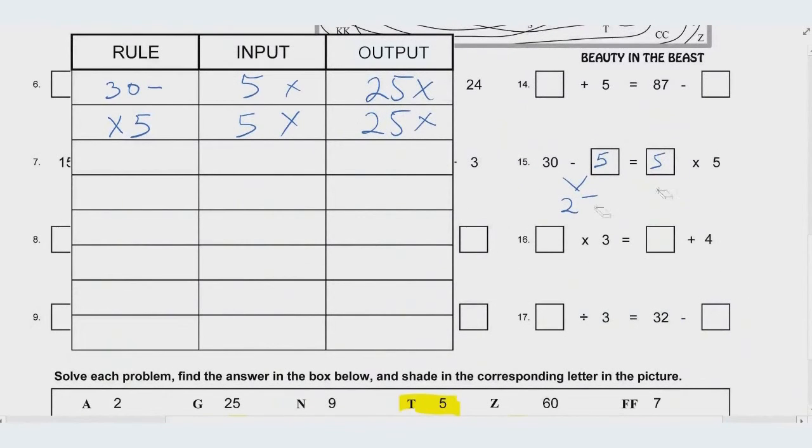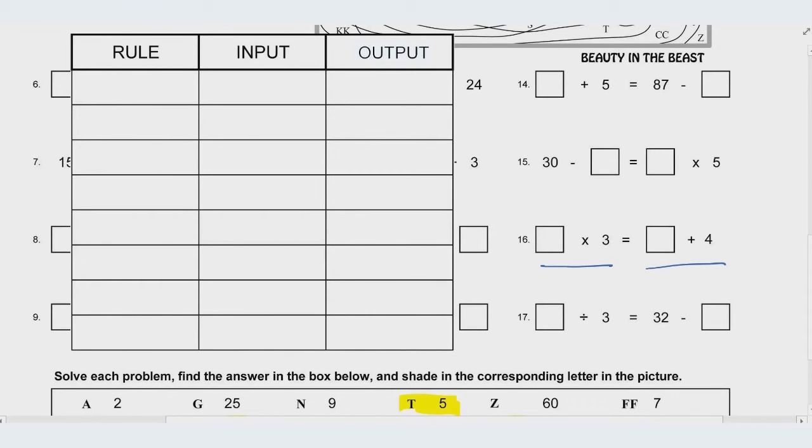Problem 16 says an empty box times 3 and an empty box plus 4. Well, let's see about this. I really don't see anything much can help us here. It has to be an even number. No, it does not.